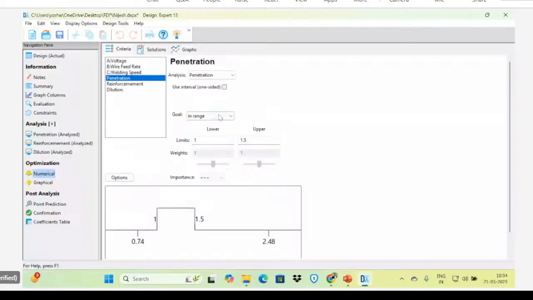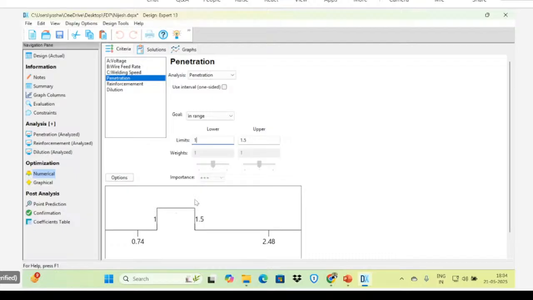Suppose we take the in-range option, I'm taking 1 to 1.5 as my limit. I will be very happy if the penetration falls in between this 1 to 1.5.